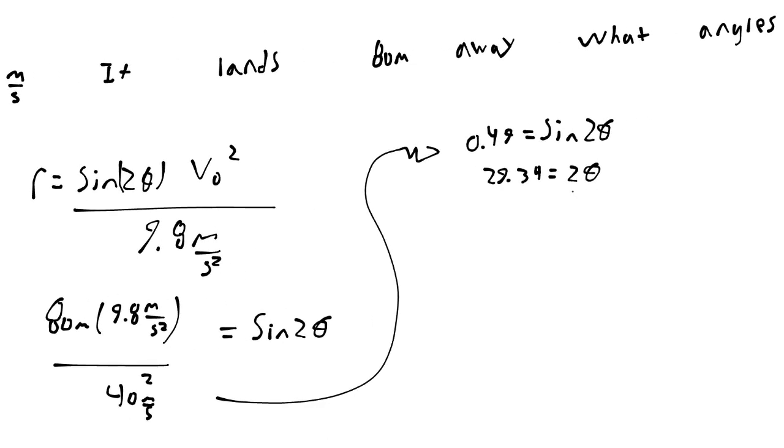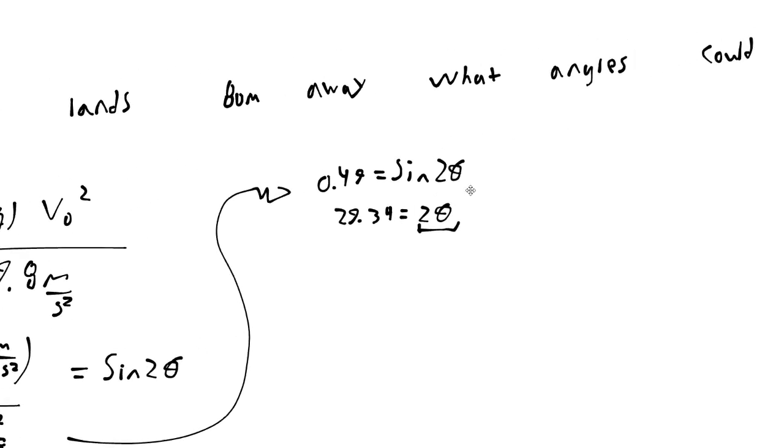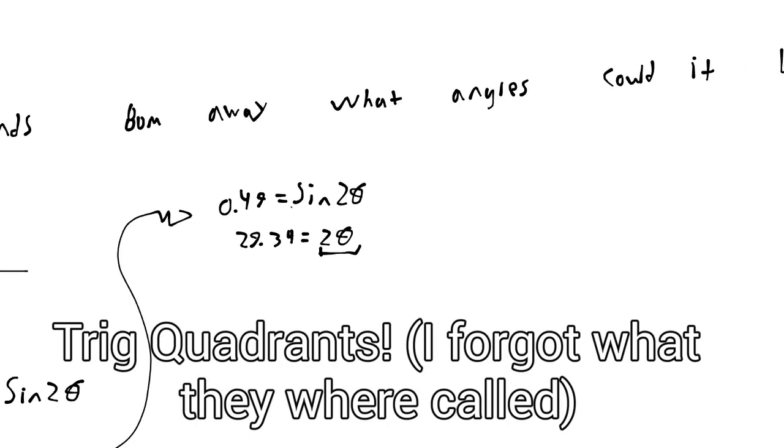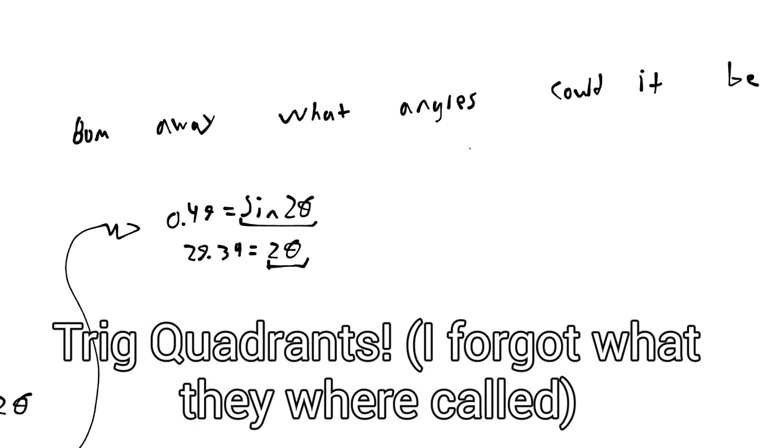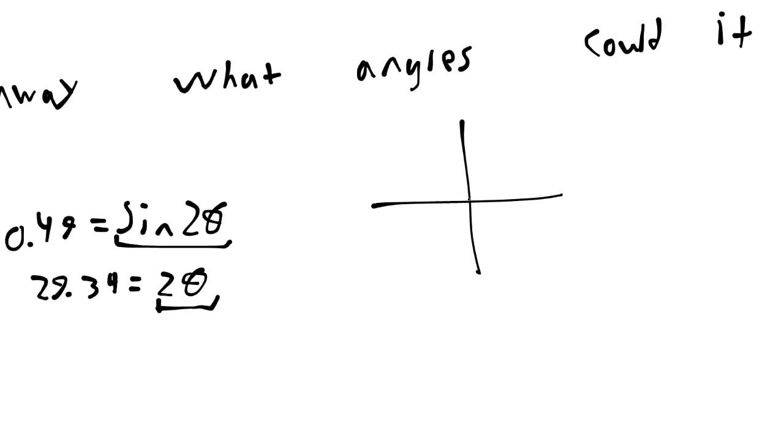But now notice how it says 2 theta here, right? So what you have to do next in this case, there's two options for theta. Because if you remember the chart here, so sine 2 theta, that's something like this, right?